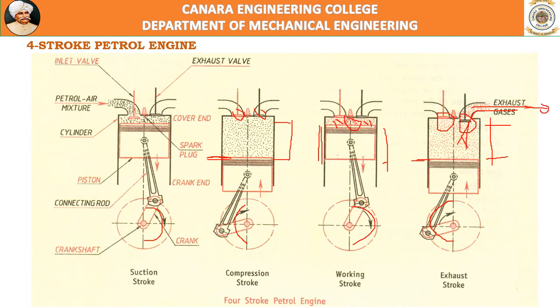One cycle, one power stroke, 4 strokes, suction, compression, power and exhaust, 2 rotations of the crank. So this is how a 4-stroke engine works. Because there are 4 strokes in one cycle, the engines are called 4-stroke engines.